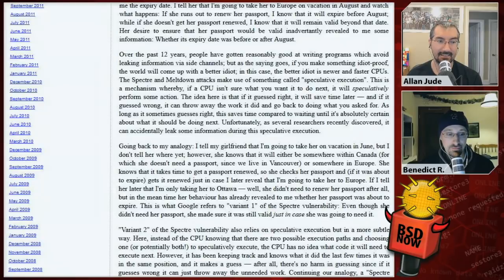She knows that it takes some time to get a passport renewed, so she checks her passport, and if it's about to expire, she gets it renewed just in case Colin will later reveal that they're going to Europe. Right, so speculatively going to renew the passport just in case. If it turns out they're going to Europe, that works. If they're staying in Canada, it didn't cost anything really.